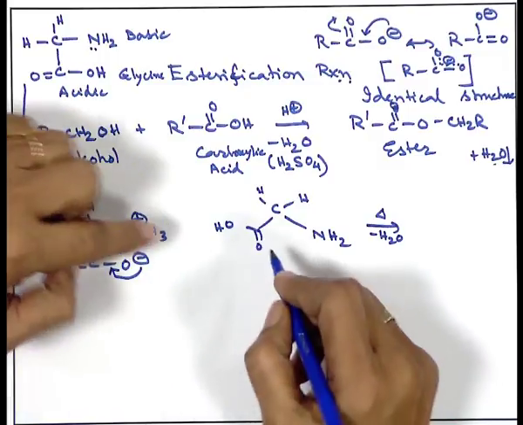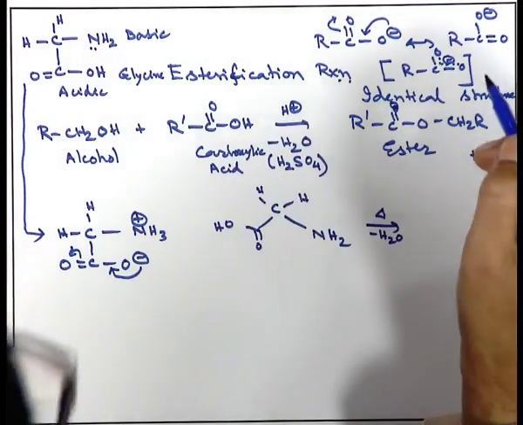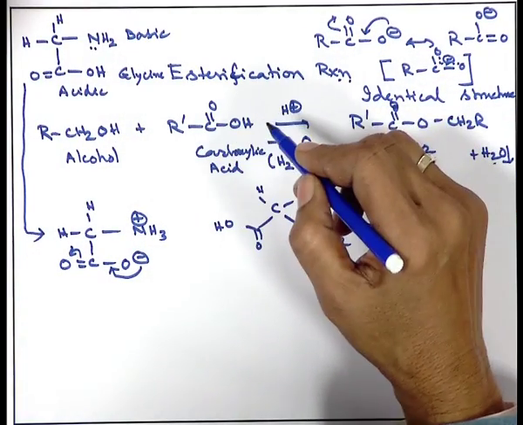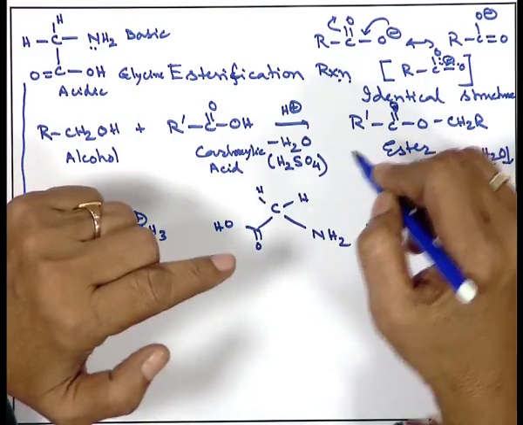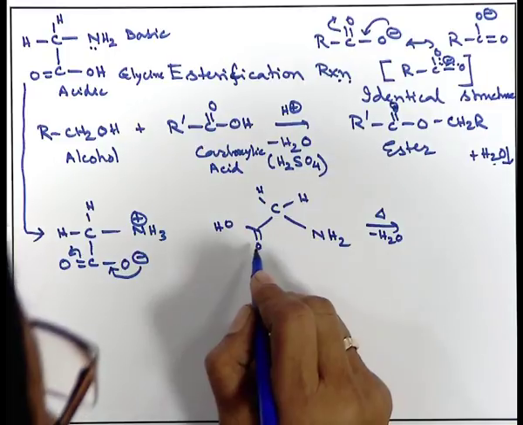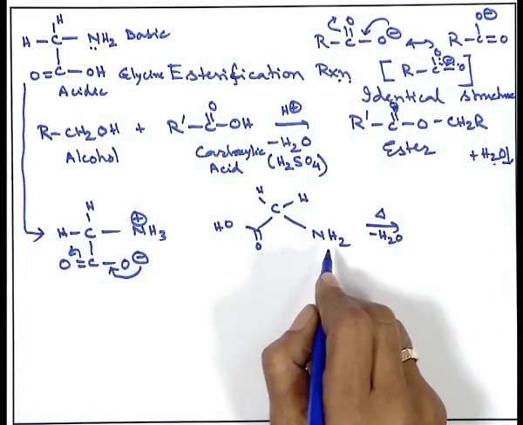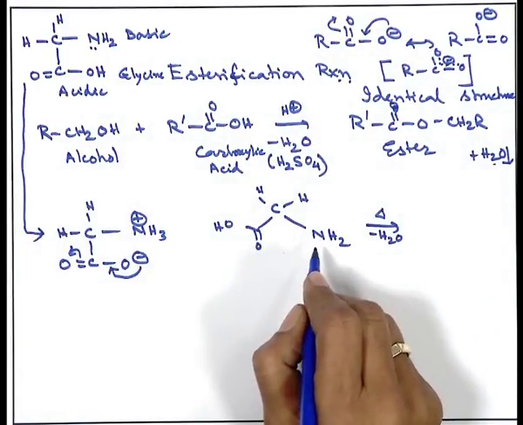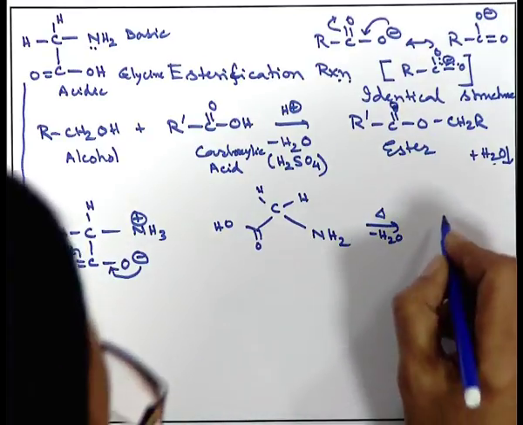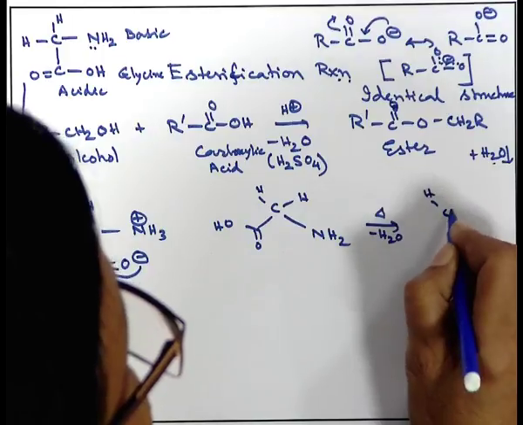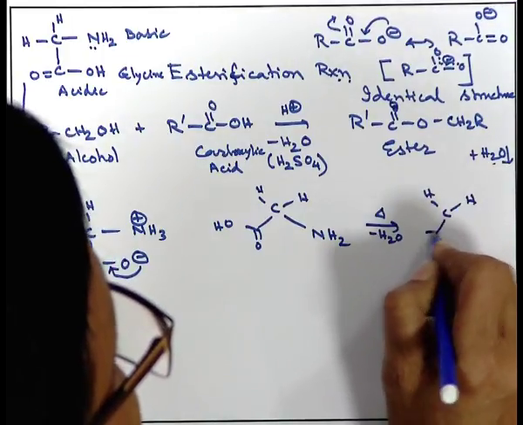The difference of this and the previous one is that in ester formation, we had an alcohol and a carboxylic acid. In this case, we have a carboxylic acid group and the amine group in close proximity and being heated, that means water being eliminated. So, what will happen? This might be a very interesting phenomenon.